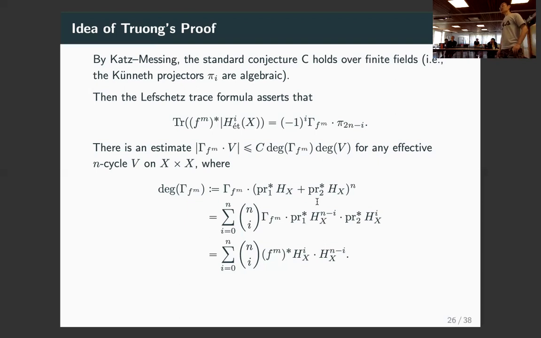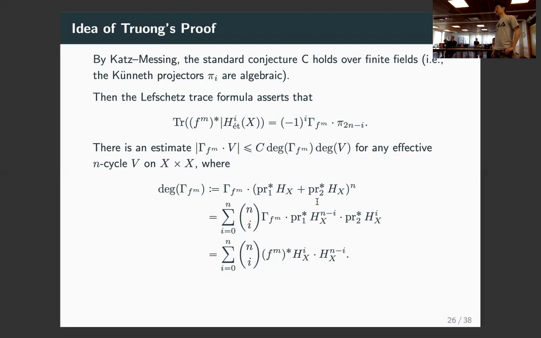Okay, so using this trace formula, the trace of this pullback action is equal to some intersection number. The idea is we will try to give an estimate of this intersection number from the right hand side.